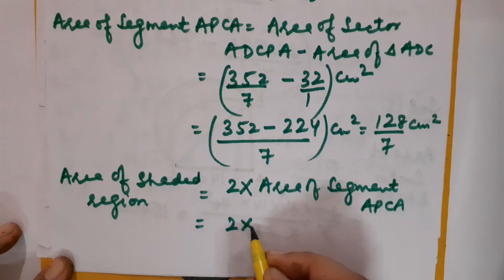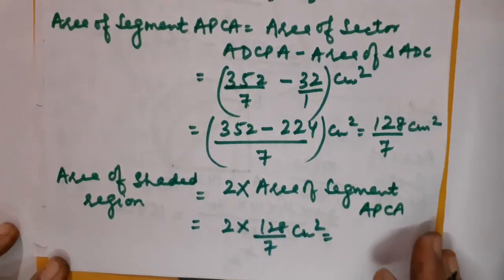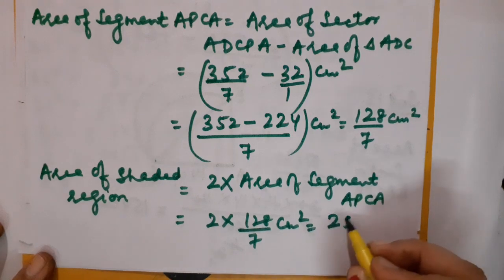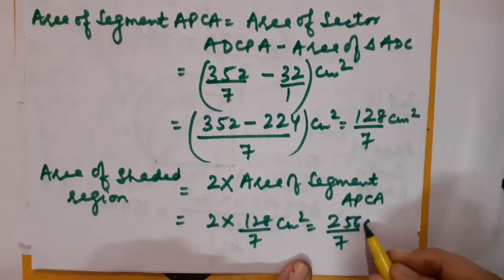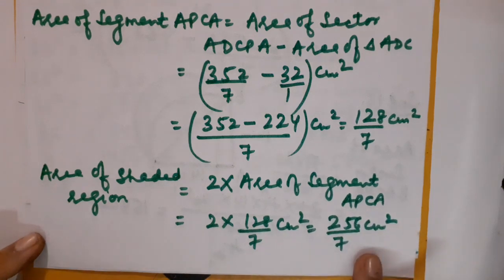Okay. So 2 into 128/7 centimeter square. So the answer will be 256/7 centimeter square. This is the area of the complete design.